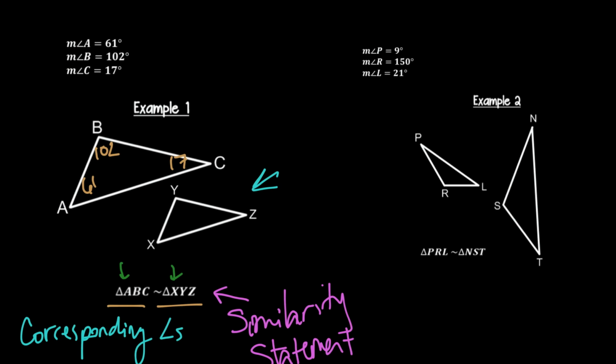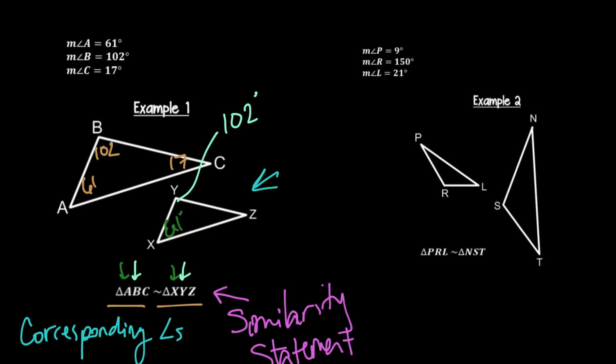So if angle A is 61 degrees, angle X is 61 degrees. Likewise, angle B is second, angle Y is second. So if angle B is 102, then angle Y is 102 degrees.